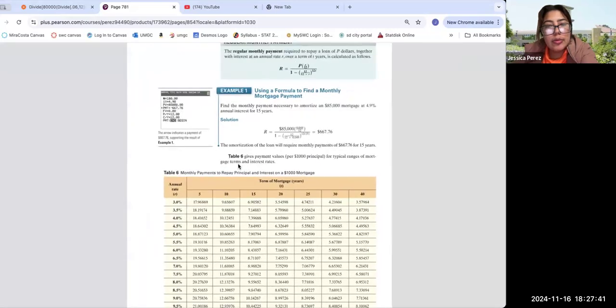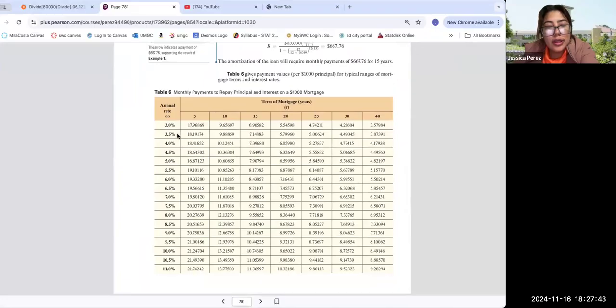Using this table, you use the rate and the years. For us, the rate was 6% and the years was 25.